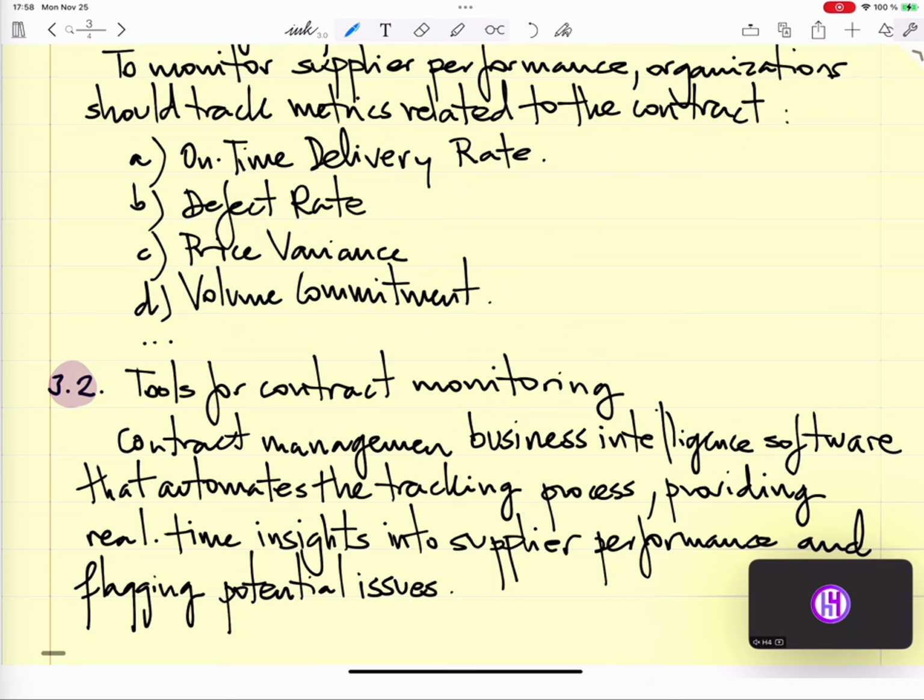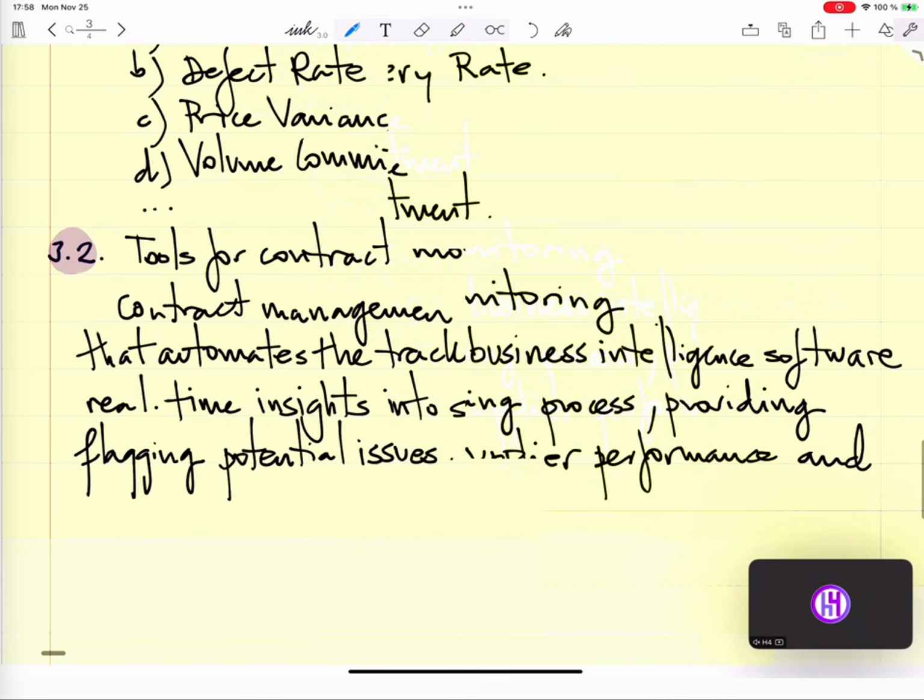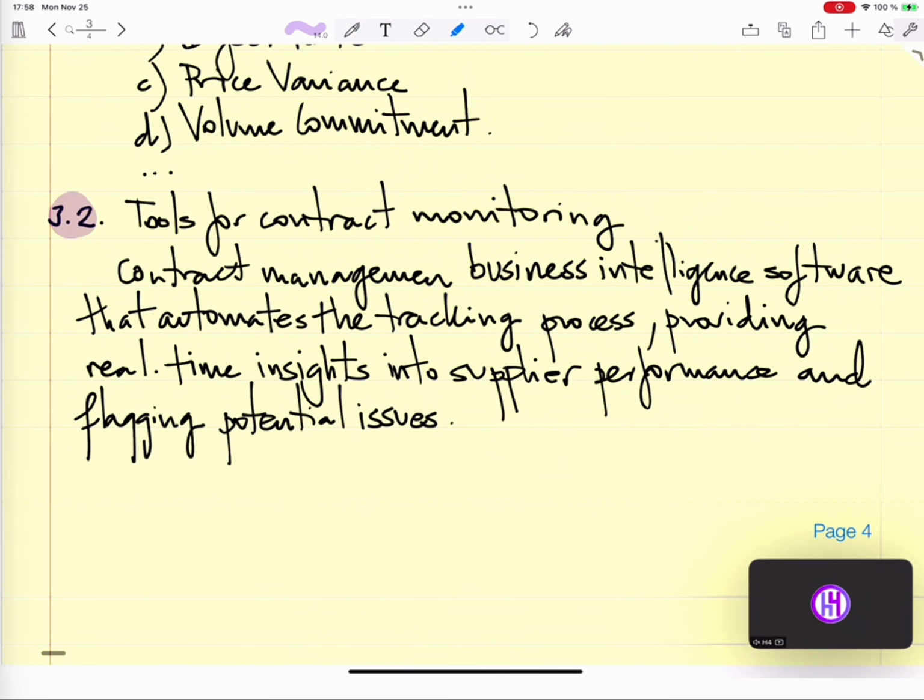Okay, so we will talk about this later on. Next lecture, we will talk about business intelligence in this context of supplier management.